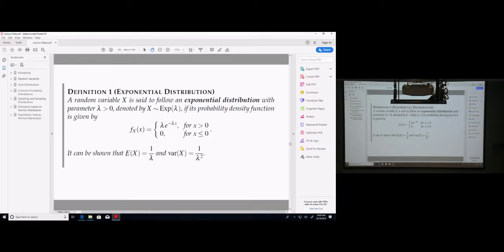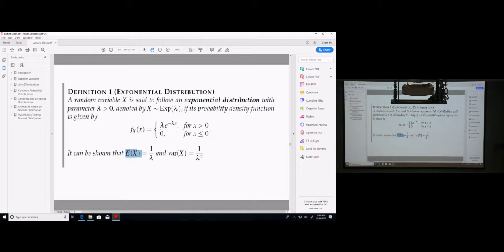Or people say the lambda is the rate of the exponential distribution. There, the thinking is that the time period is fixed, and the rate is how many arrivals per time.